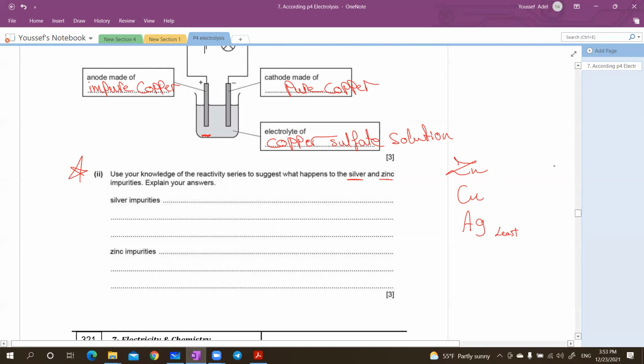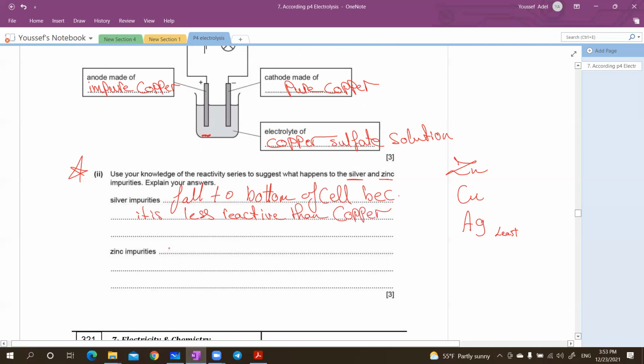So it will change to ions. But the silver is the least reactive, so it will fall to the bottom in the form of sludge. The silver impurities will fall to the bottom because it is less reactive than copper.